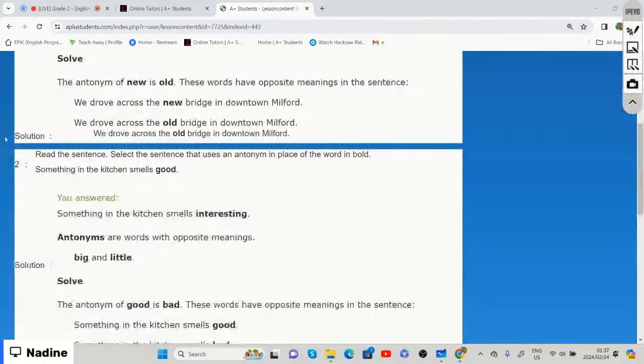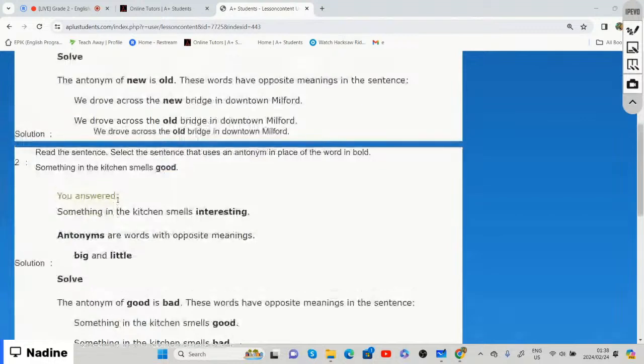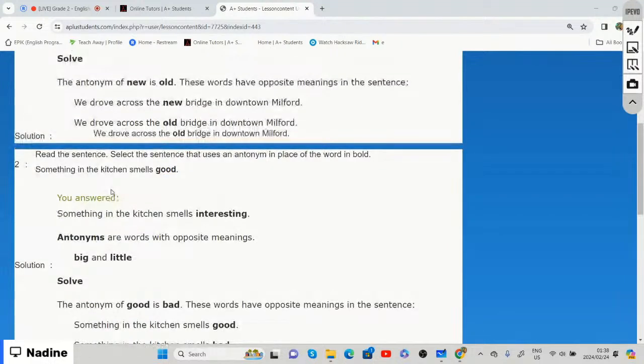We need to read the sentence and then select the sentence that uses an antonym for the word in bold. So, something in the kitchen smells good. What is the opposite of good? If something smells good, but what if something doesn't smell good? Then what do we say that is?